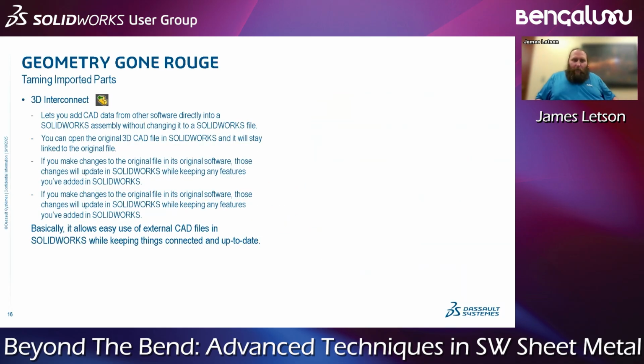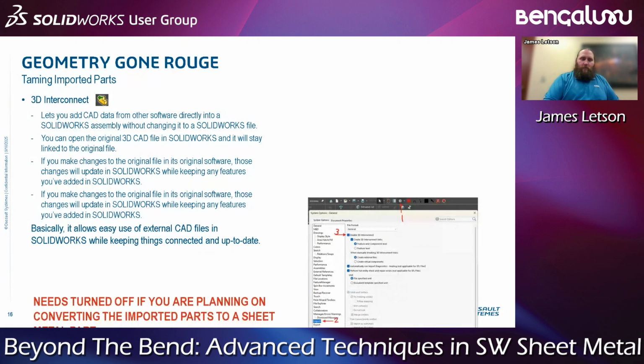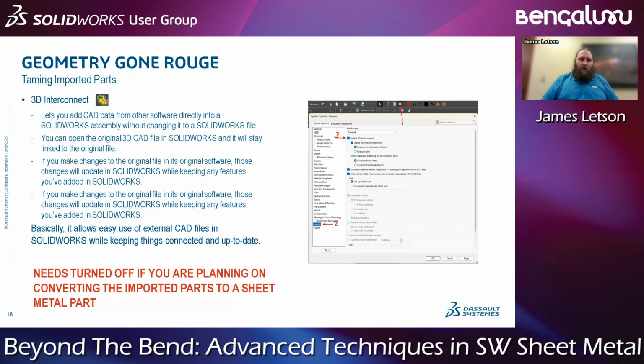The first thing I want to tell you is if you are on a consistent basis taking imported geometry and making sheet metal parts out of it, the big thing that you need to know is turn this 3D Interconnect off. Basically, 3D Interconnect allows you to use external CAD files like imported geometry in SolidWorks while keeping things linked.